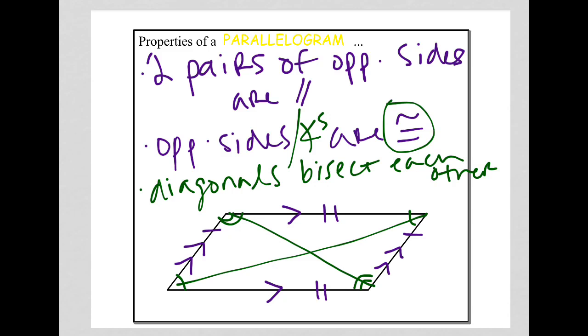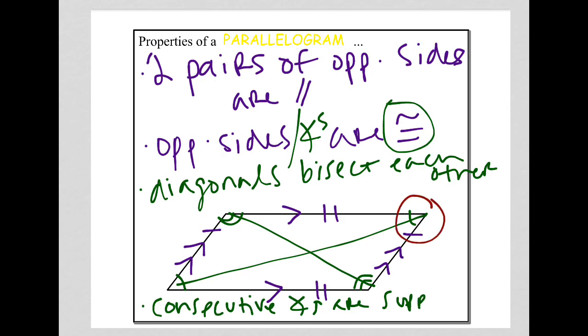And last we have that the consecutive angles are supplementary, meaning if I add this angle and this angle together, we get 180 degrees. Same with any pair of consecutive angles inside a parallelogram.